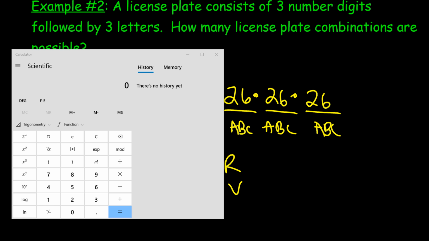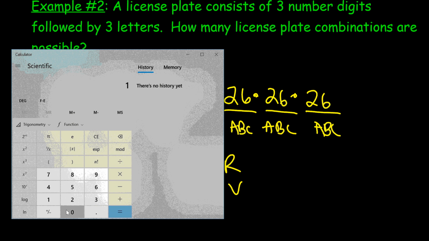I'm going to do 10 times 10 times 10 times 26 times 26 times 26. And what do we get? Holy smokes. We get 17,576,000 different license plate combinations.